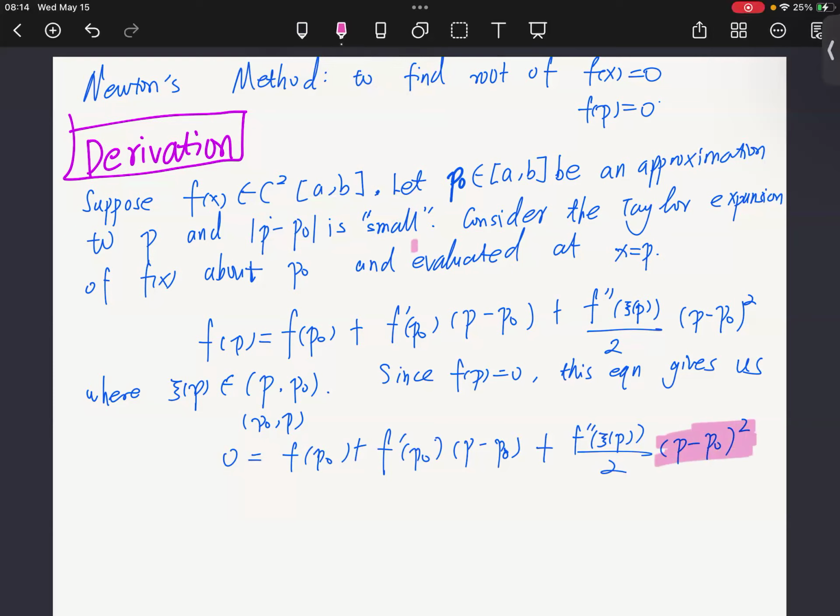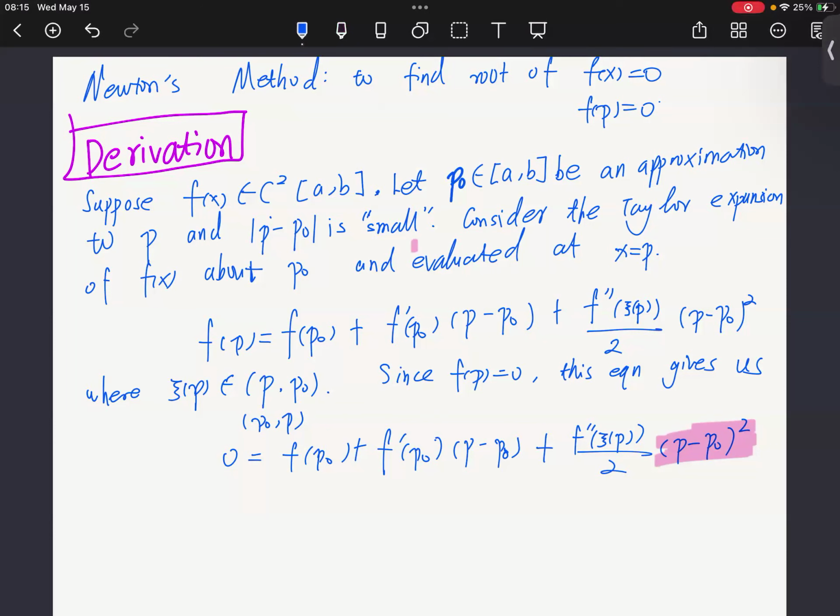Compared to this part, this is our highest order term, and this part is much smaller than that part because we have a second order here.